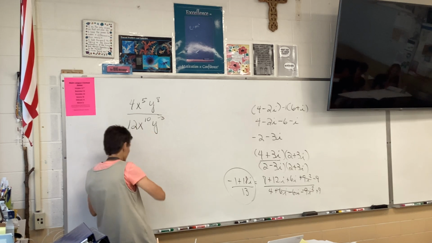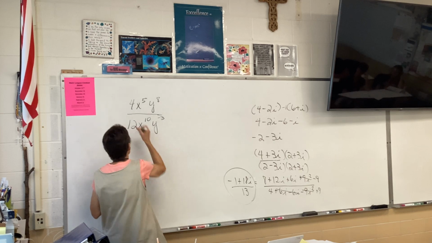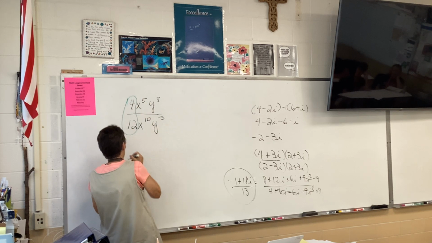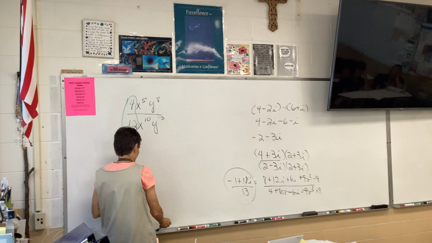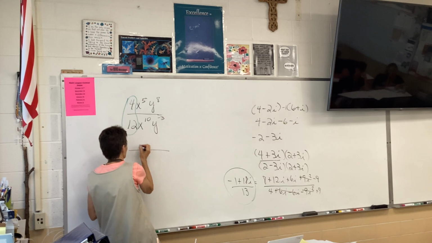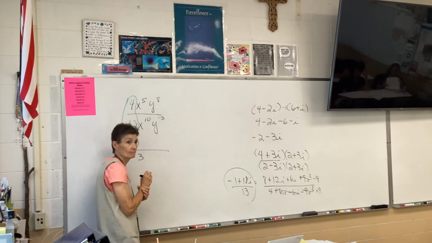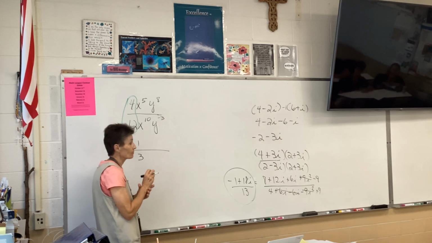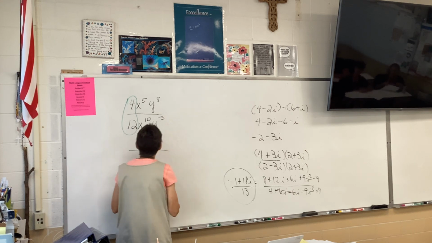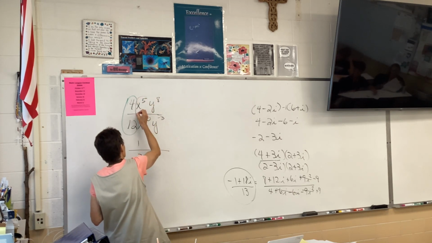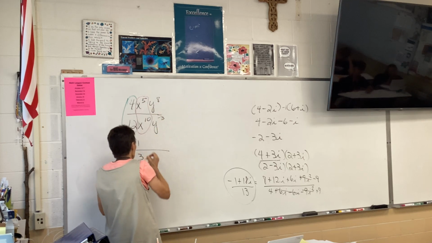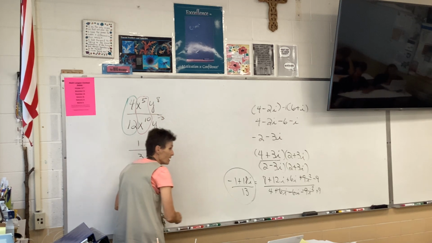All right, so let's start right here. What can I do with 4 over 12? Makes it 1/3. How about x to the 5th over x to the 10th?